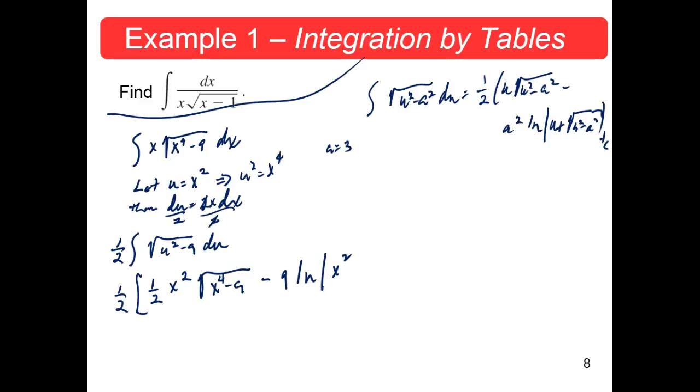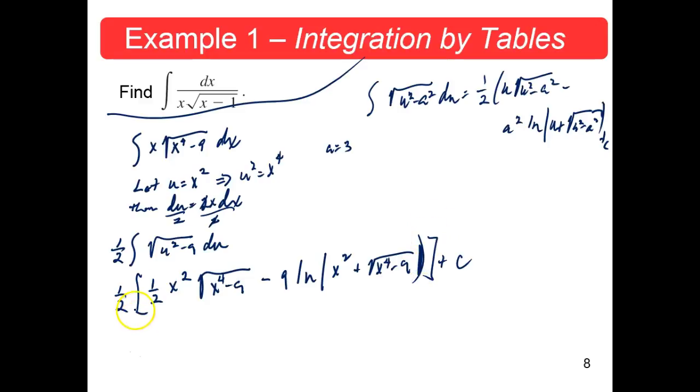Yeah. Absolute value x squared plus the square root of x to the 4th minus 9. Well, that's an absolute value there, plus C. Okay. All right.